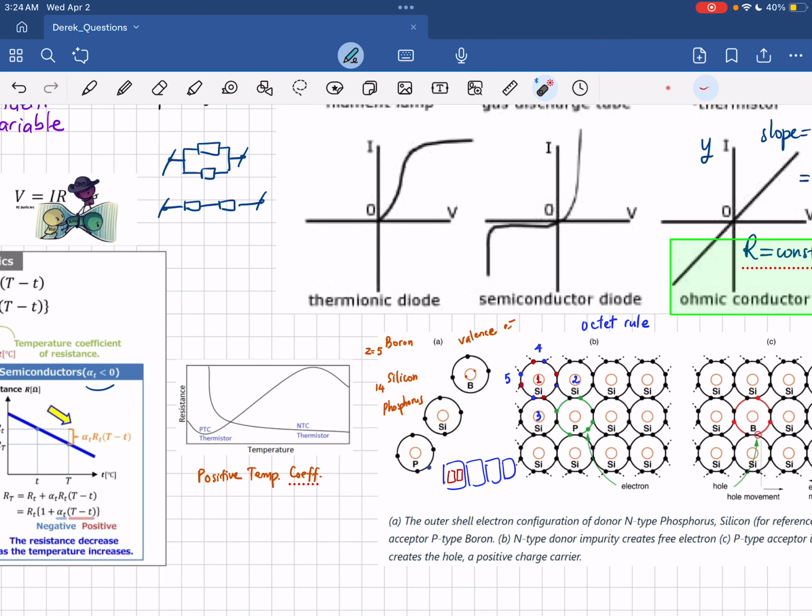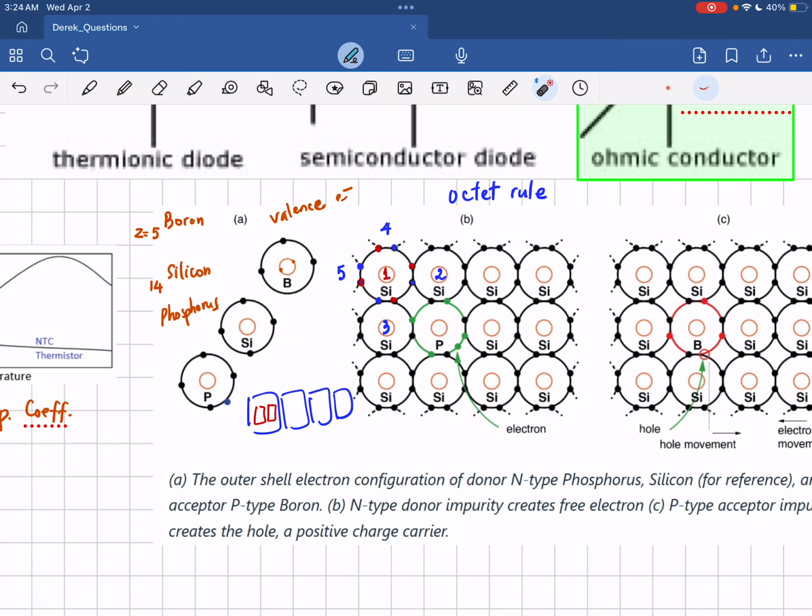Okay, that's why we call this kind of thing a semiconductor, because it's either a conductor or also an insulator, and it only conducts under some conditions. Okay, so basically here, when you have electrons here, it means that it's more negative, right? That's why it's called N type. This is an N type semiconductor.